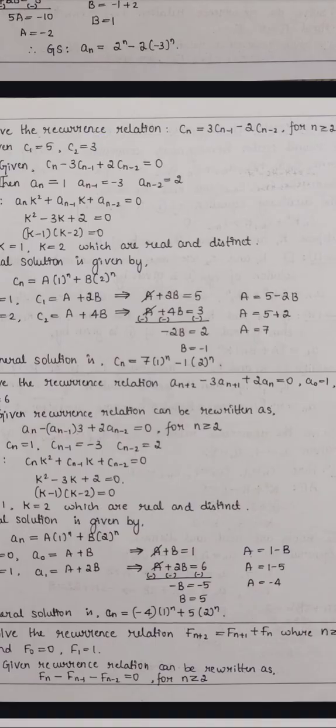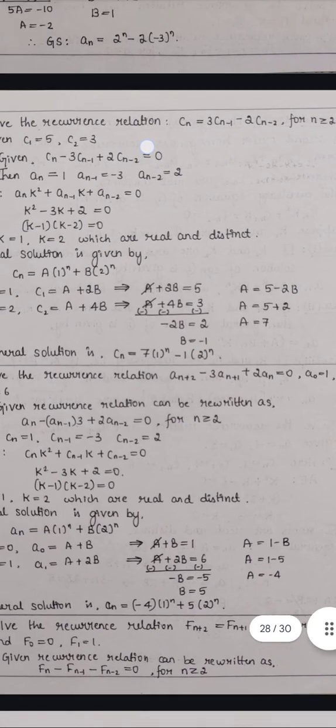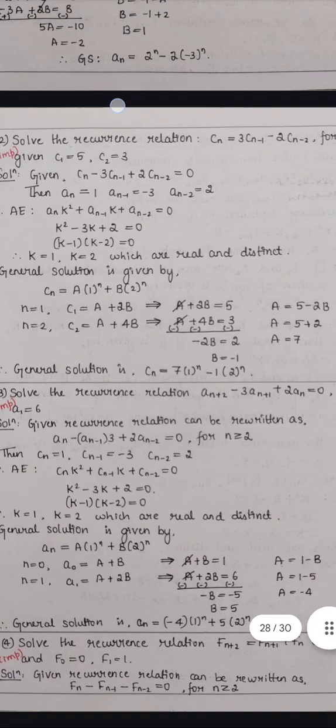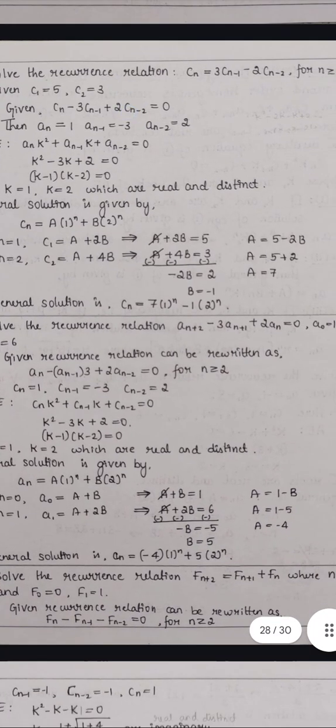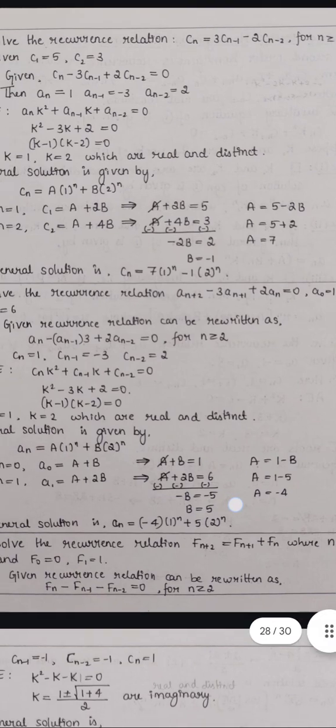Then by the elimination method, a is cancelled. Minus 2b equals 5 minus 3, which is 2, so b equals minus 1. A equals 5 minus 2b, that is 5 plus 2, which equals 7.